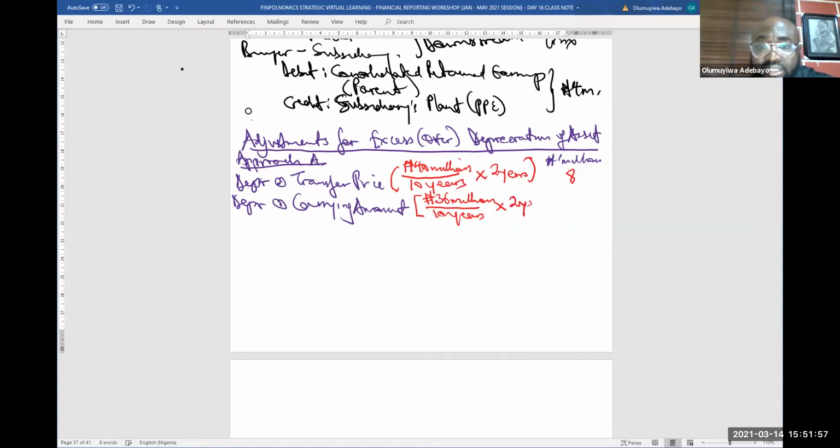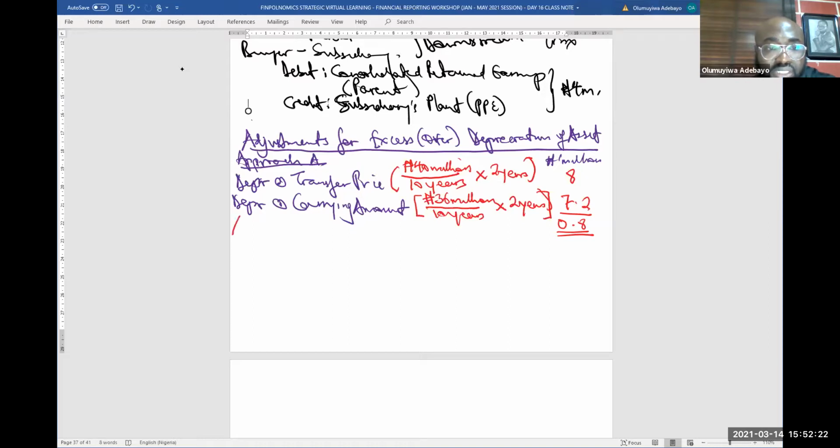And in 2 years, it will have been 7.2, which means you have over depreciated in 2 years by 800,000, which is 400,000 in year 1 and 400,000 in year 2. 400,000 being the difference between 4 million annual depreciation and 3.6 million. And that is what we mean.